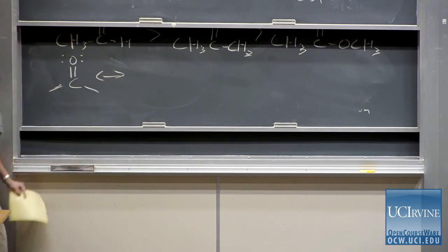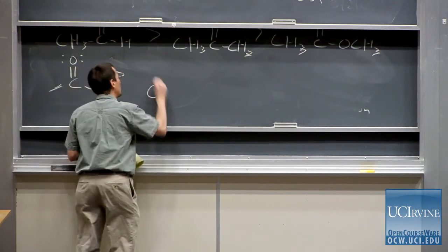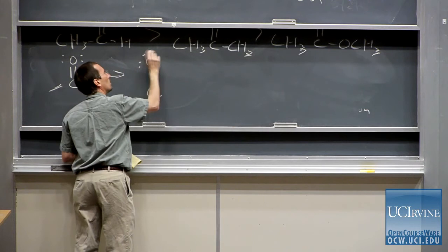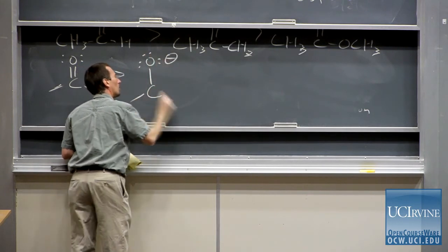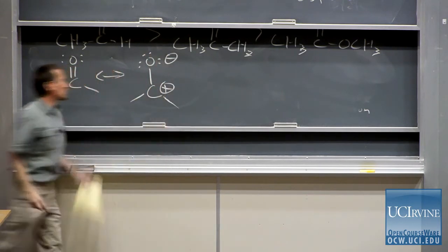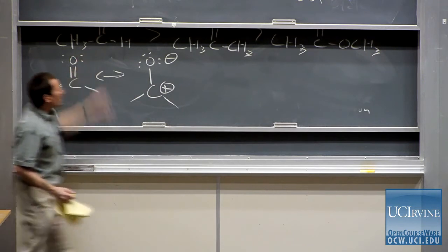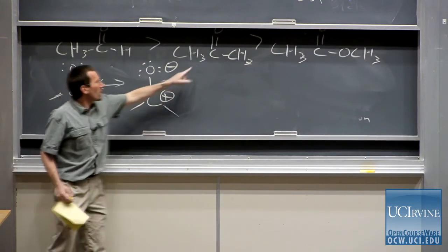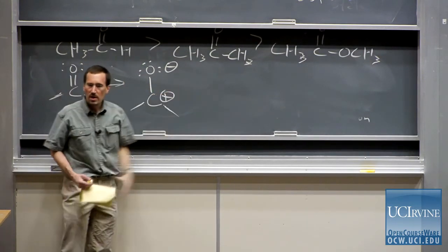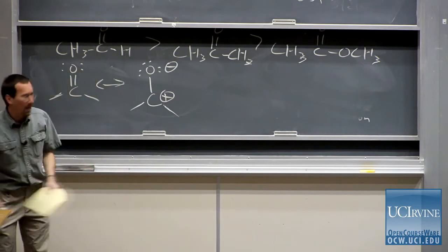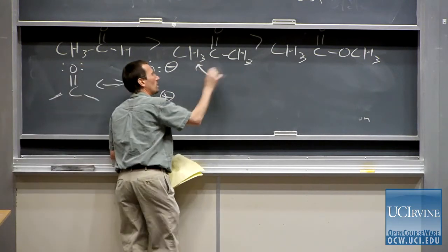One resonance structure, the major resonance structure, in which the carbon has a complete octet, and the minor resonance structure in which we have separation of charge and the carbon doesn't have a complete octet. Now, in the case of acetone, we have two methyl groups here. Those methyl groups are stabilizing by electron donation.